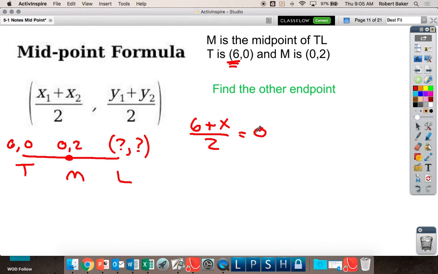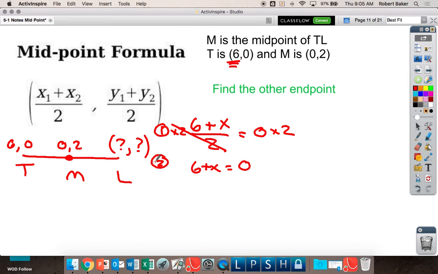How do you solve for x when there's the fraction involved? You have to get rid of the denominator, and these steps will never change. Get rid of the denominator. Step 1, multiply by 2. The purpose of step 1 is that those 2's eliminate each other. 6 plus x equals 0 times 2? 0.